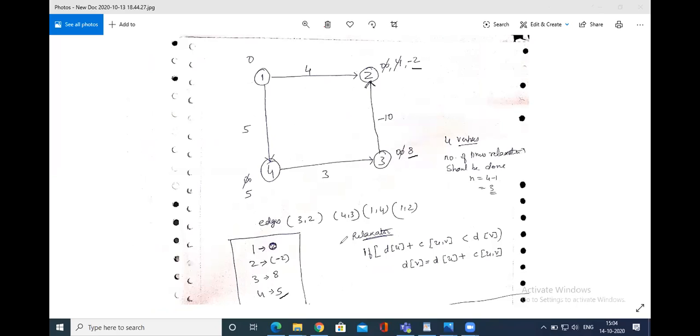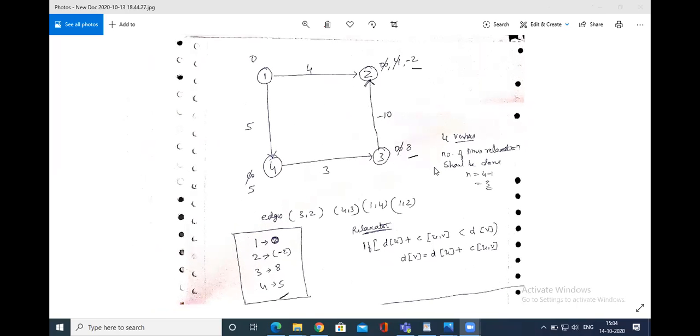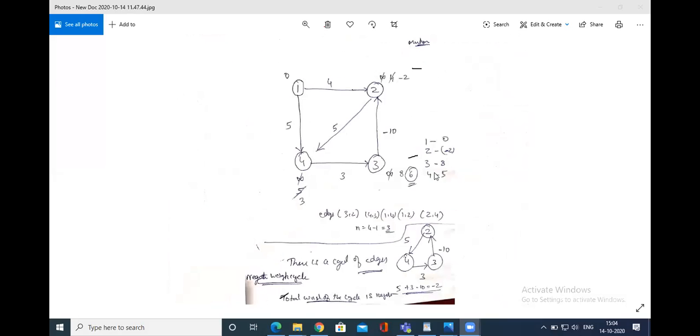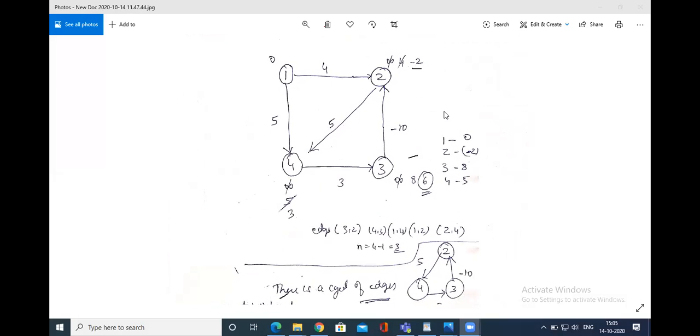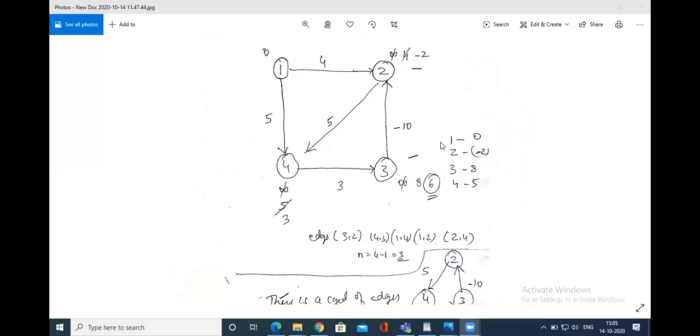So when does this Bellman-Ford algorithm fail basically? It fails if we have a negative weight cycle. Here is the same problem, but I just have an extra edge from 2 to 5.